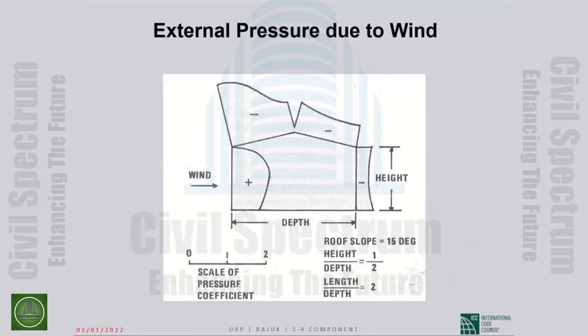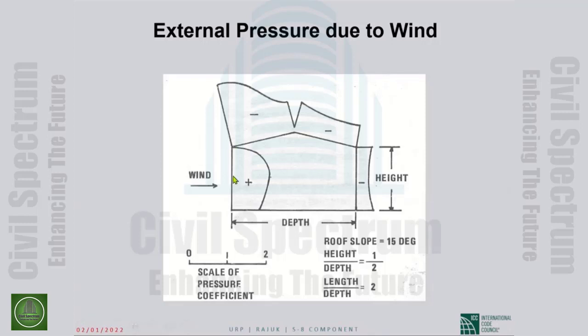And this is shown in this picture. This is schematic, but a very good picture. So this is the pressure variation on the windward face. This is suction on the windward roof. This is suction on the leeward roof. This is suction on the leeward face. The suctions on the side faces are not shown in the picture.